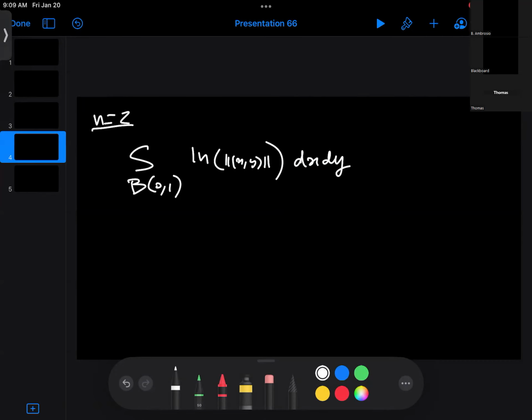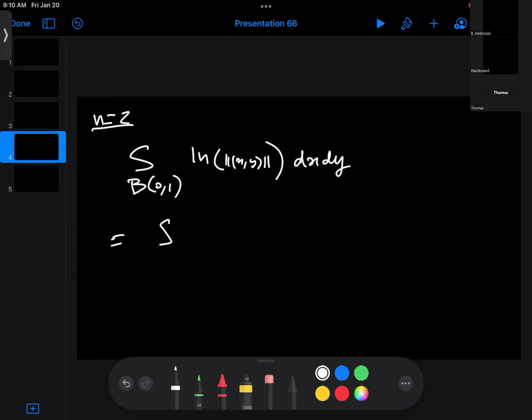Right, so we first start with the case n equals 2. And so in this case, our phi of x is the log of the norm of x. And so since we work in R^2, I call x and y the two coordinates of my vector. So I have to compute this integral. And since the solution is radial, there's a symmetry with respect to 0. I will just use this usual trick, and I will use the polar coordinates.